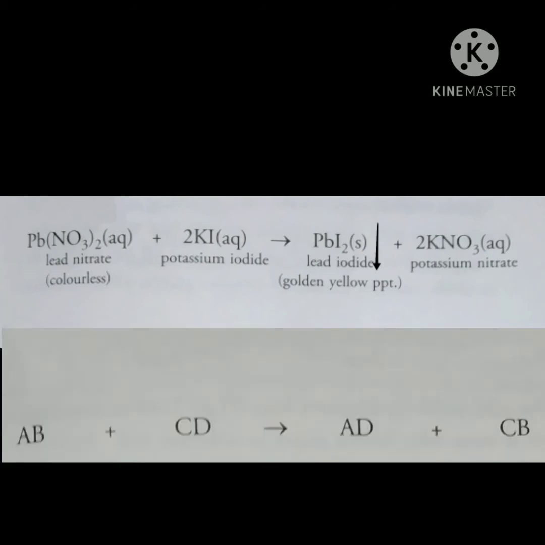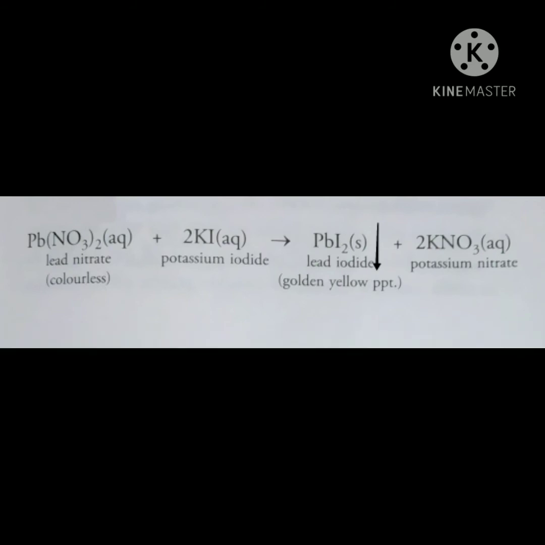Here Pb is A, NO3 is B, K is C, and I is D. We know that in a double displacement reaction, B is replaced by D. So the product will be PbI and KNO3, that is lead iodide and potassium nitrate. The lead iodide is the precipitate, so we put a downward arrow. It is golden yellow in color.